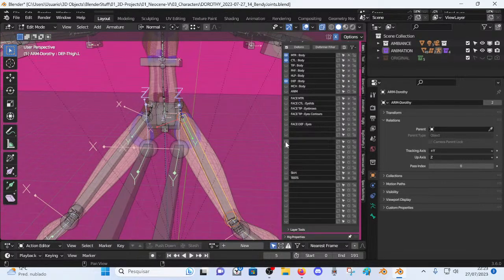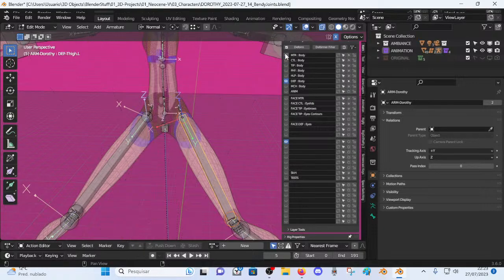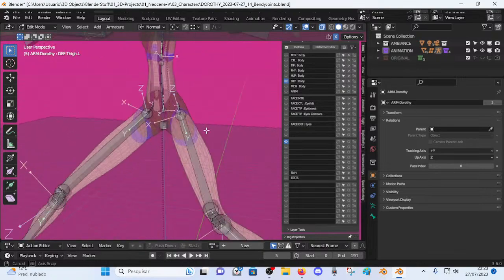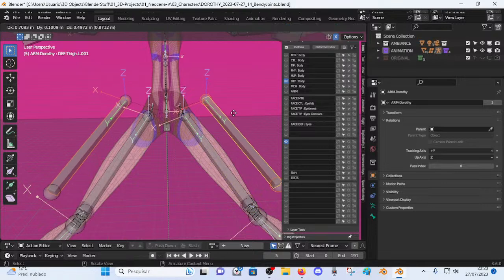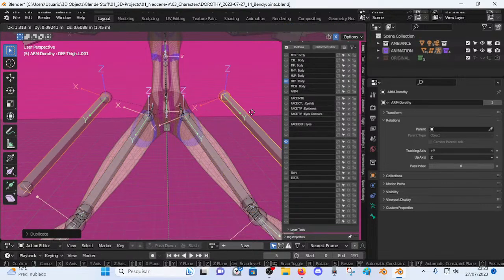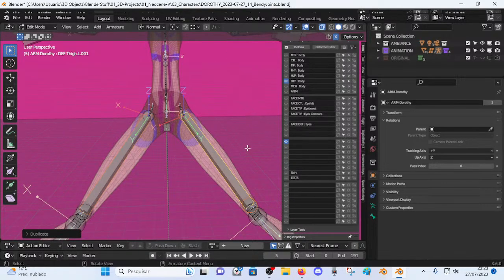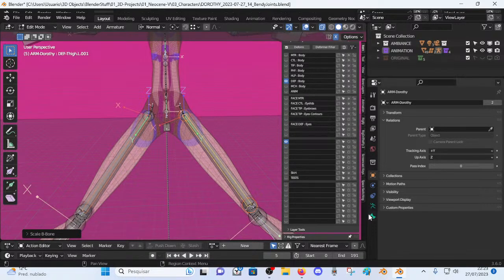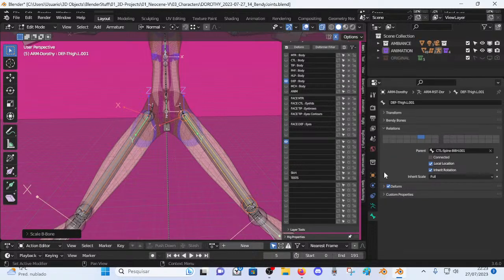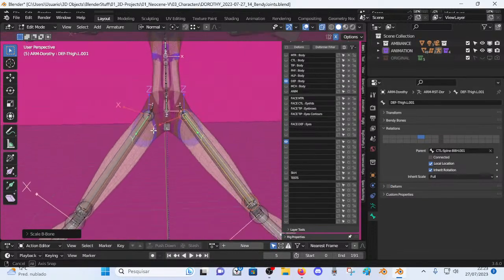I'll create it on this layer perhaps. Yes. So let's see which bones. Okay, let's start creating here. So I'll pick that bone and let's make a copy. Now it is parented to the same thing, that's fine. Let's change its B-bone size, and then let's make it a non-deforming bone.